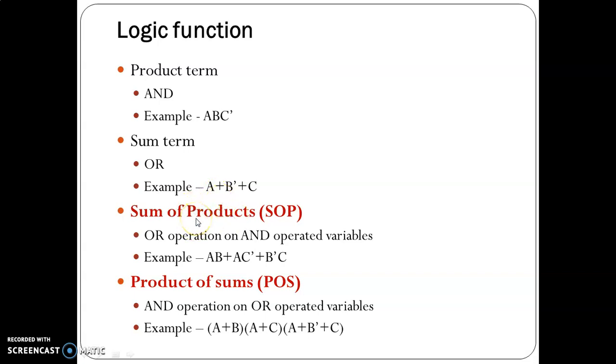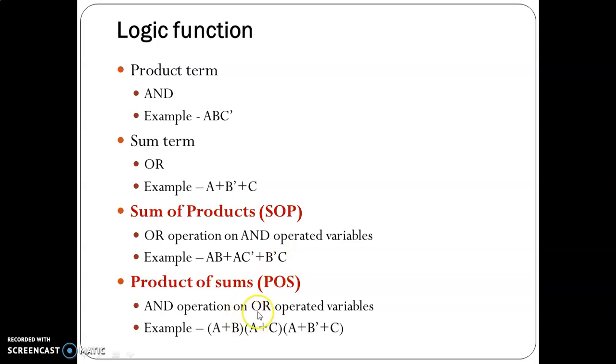The logical sum of two or more logical product terms is called a sum of products expression. It is basically an OR operation of AND operated variables. So this is an example. We take product terms and then sum all the product terms. That is sum of products. So AB or AC bar or B bar C.